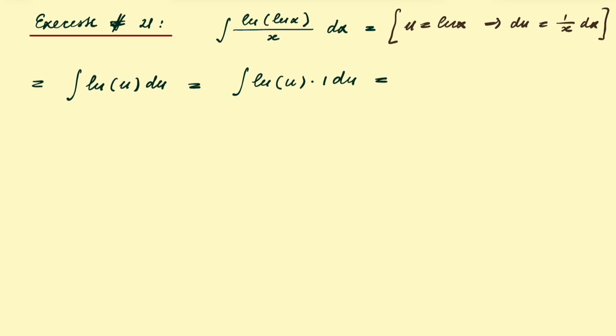Alright, now we can use integration by parts, and we can take ln of u as the function we'll find the derivative of later on, and 1 times du as the function we'll find an antiderivative of. Now in integration by parts we have the form. Alright, there is a method I was using most of the times in my previous videos, in which I don't write du.